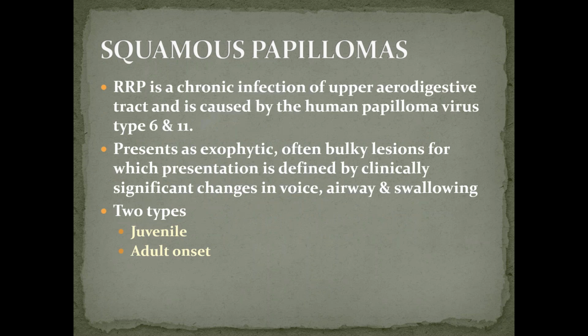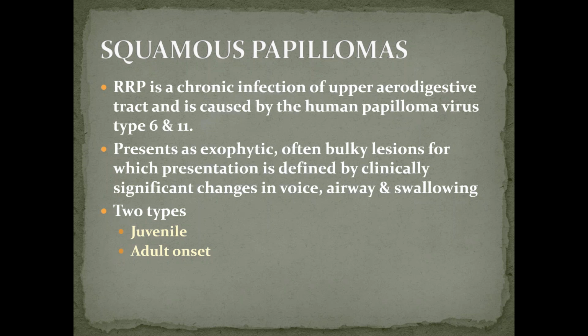Coming to the neoplastic lesions, the most common type is papillomas: recurrent respiratory papillomas, or juvenile respiratory papillomas, and adult onset papillomas. These papillomas may arise in childhood or in the adult.